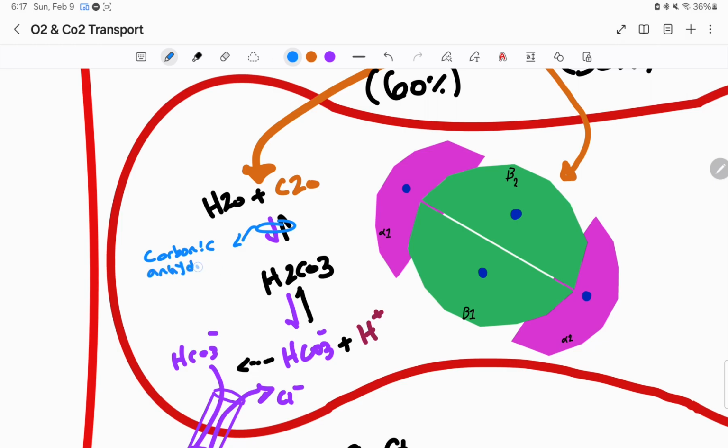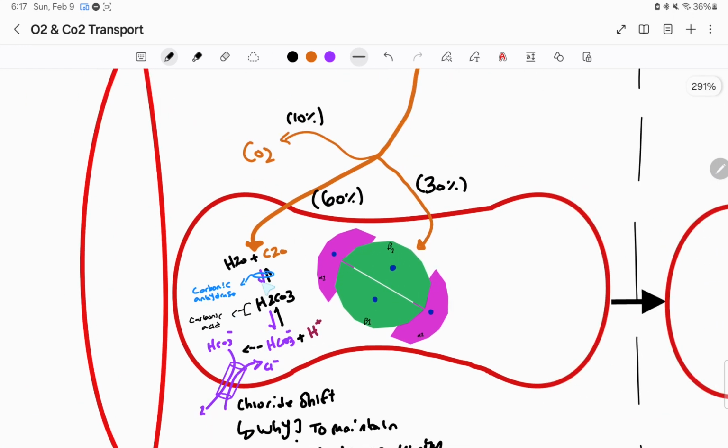Sometimes you might see it abbreviated as CA. But the carbonic anhydrase enzyme takes the water and the CO2 and turns it into this carbonic acid very rapidly, okay? So this is carbonic acid.